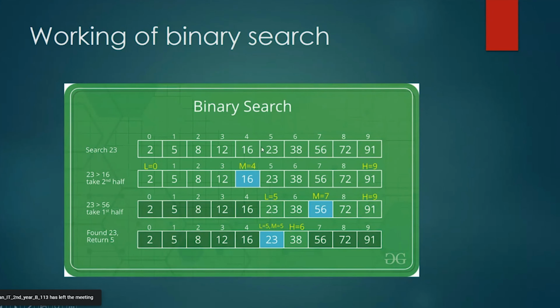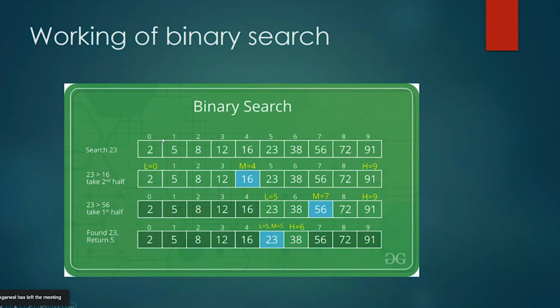How many iterations or recursive calls did we perform? First time when you call the function from main, then second time here, third time here, and the fourth time you got the answer.